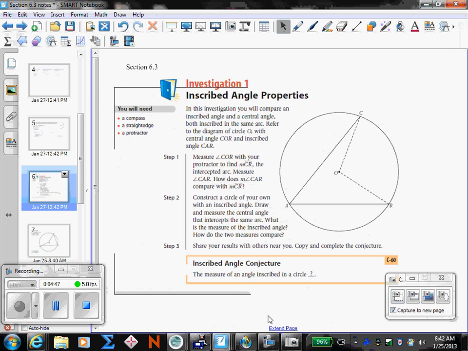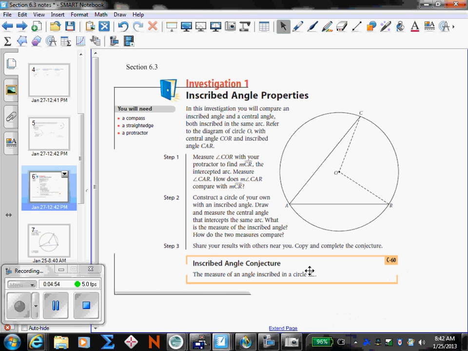So the first one, the measure of an angle inscribed in a circle is 1/2 the measure of the intercepted arc.